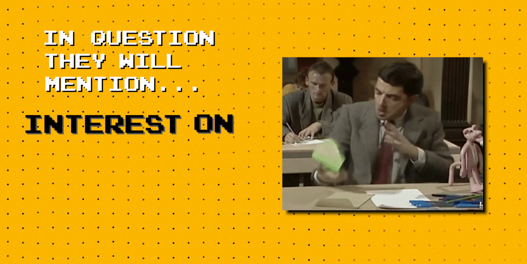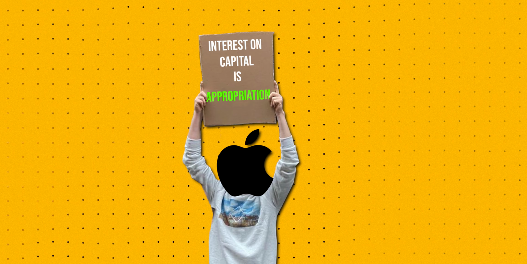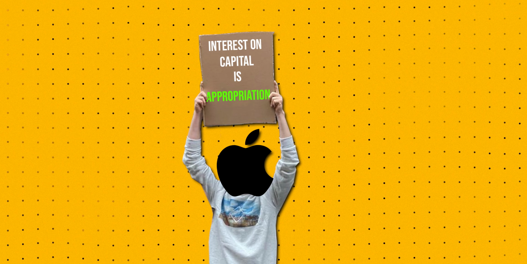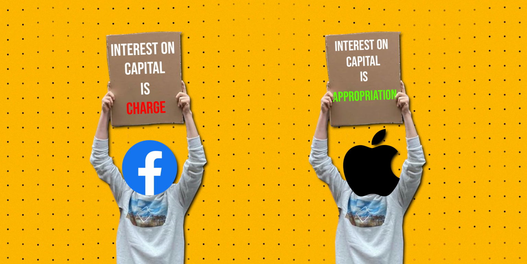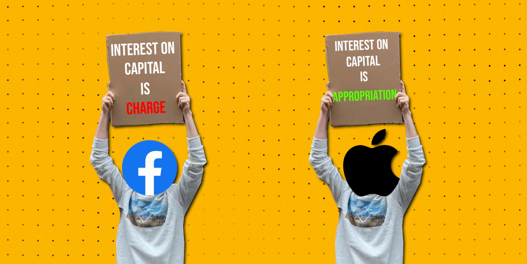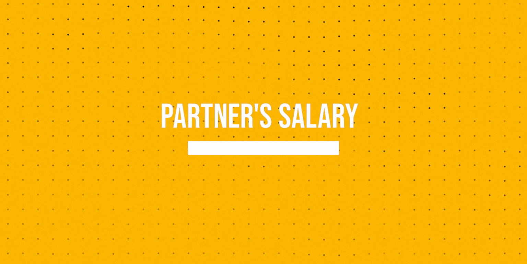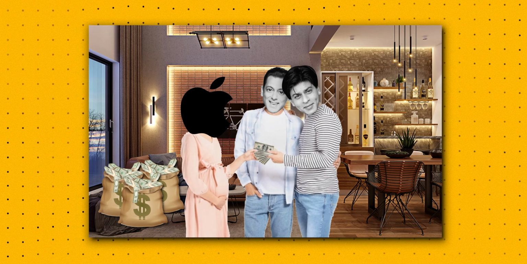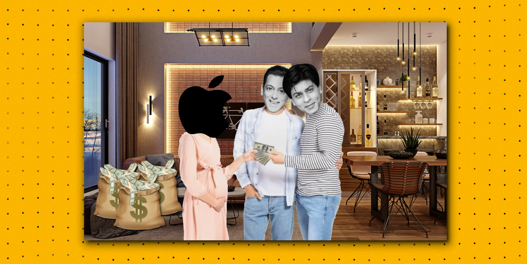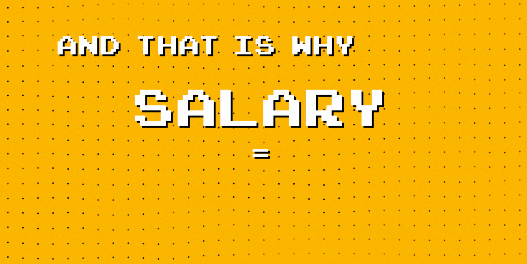But be careful, because sometimes in a question they will mention interest on capital as a charge, because different businesses have different policies. Some businesses might treat interest on capital as an appropriation, while some other businesses might treat interest on capital as a charge. Next, talking about partner salary, they will be paid salary for working in the business only if there is a profit, and that is why it is an appropriation.